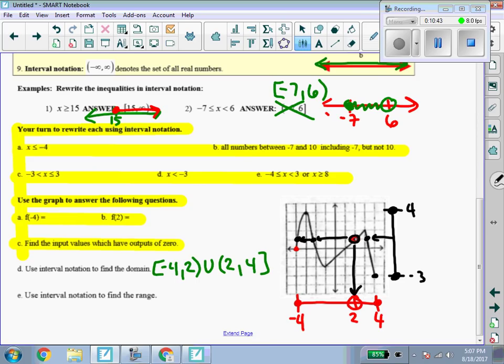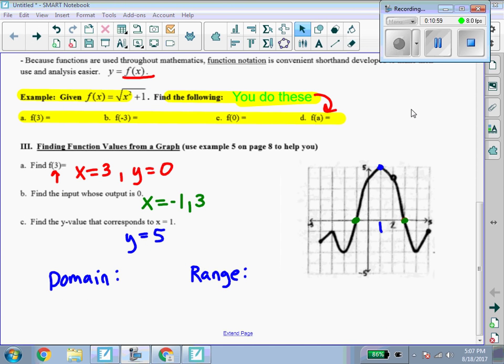So that means that our range is going to be bracket -3, 4, and then bracket. So maybe go back to the problem with the graph in the last one and see if you can now answer it. So here's the problem that we have, and again, we want to find the domain and range.